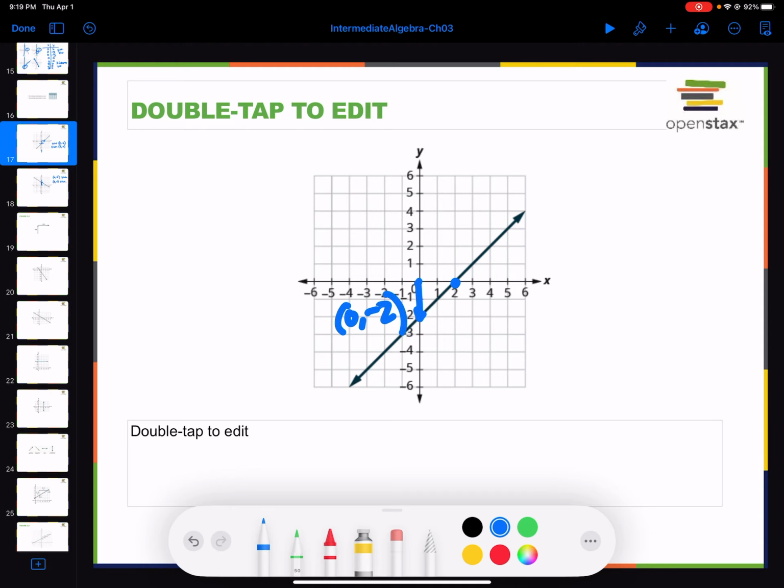And then our next point is x equals 2, y equals 0. So your slope is going to be up 2 and then over 2. So it's 2 over 2 or 1. So our slope equals 1.